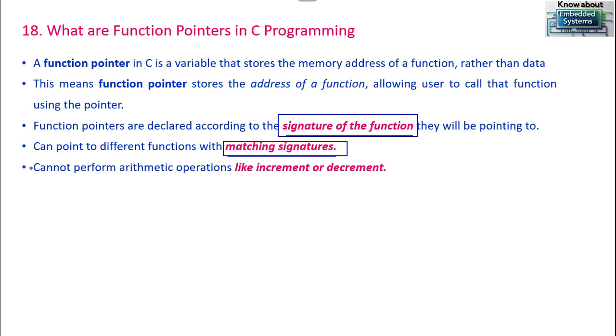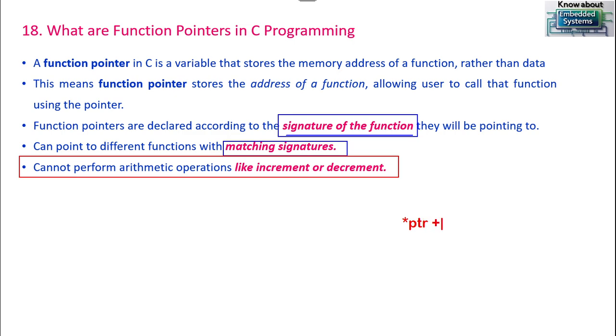The third important thing is that function pointers cannot perform arithmetic operations such as increment and decrement. Usually with pointers, we might have used something like *ptr++ or *ptr-- in previous programming, but function pointers are not allowed.